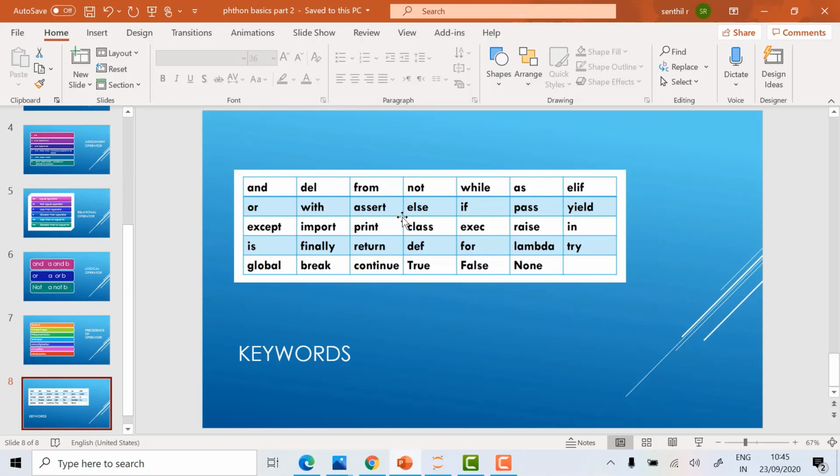And finally, False, True, like that we define. Lambda, try, in, yield, assert, print, finally, import, with, except, global, continue. These are some of the keywords which should not be used as variables.